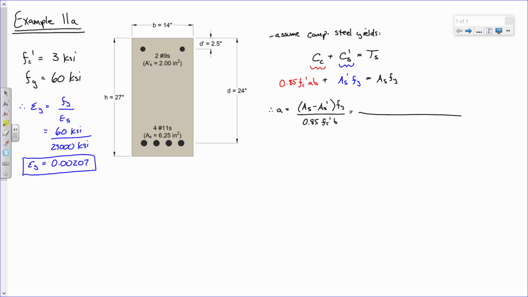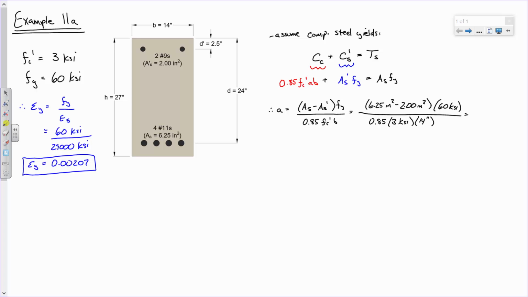All right, so plug and chug. So this is 6.25 square inches minus 2 square inches, 60 ksi, over 0.85, 3 ksi, and then 14 inches.